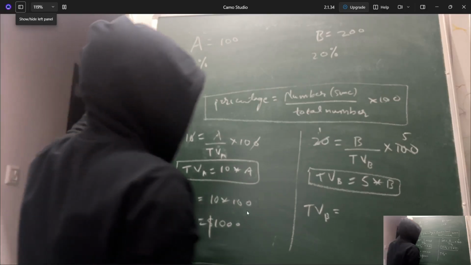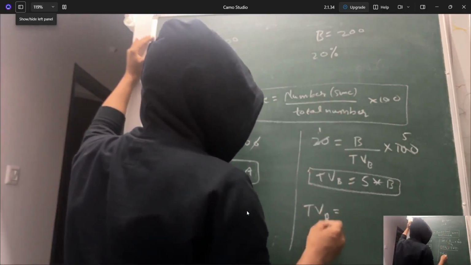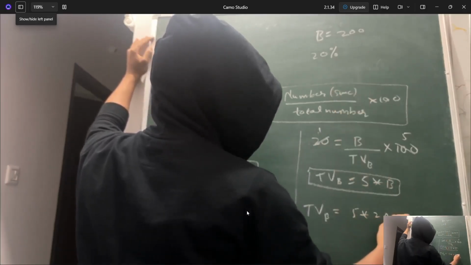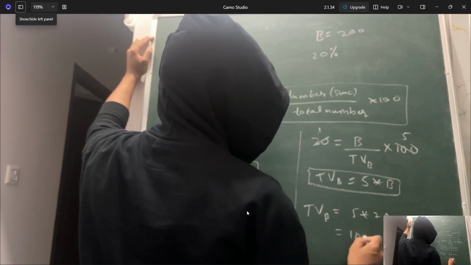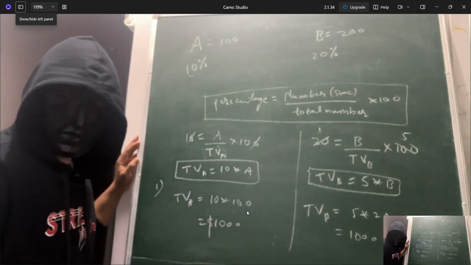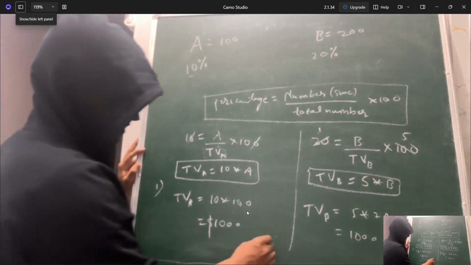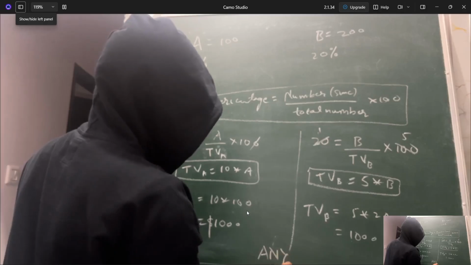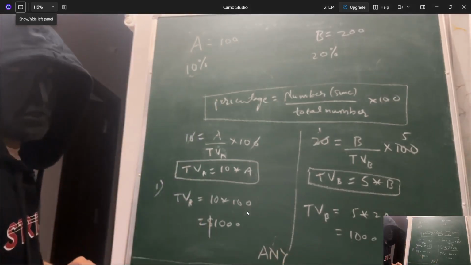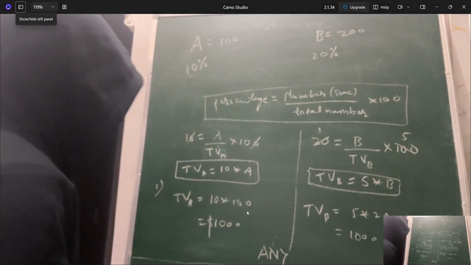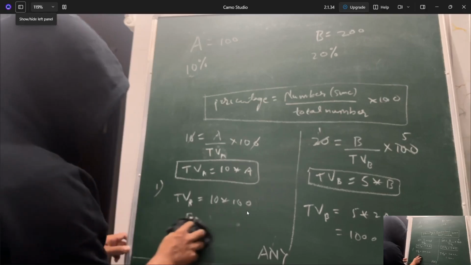If he chooses investor B, his total valuation of the company will be 5 into 200, which will be again 1000. So in this case, as you can see, both the valuation of the company are same. So our answer will be any. He can choose any investor which he likes. If he chooses A or B, his valuation of the company will be same again.